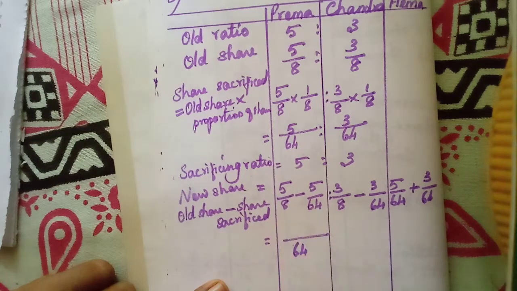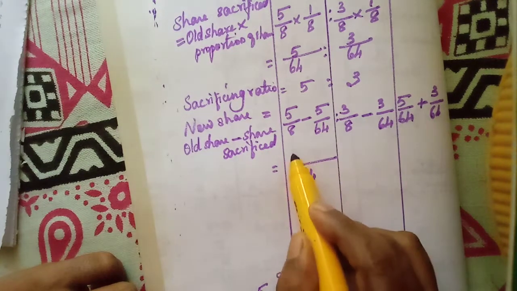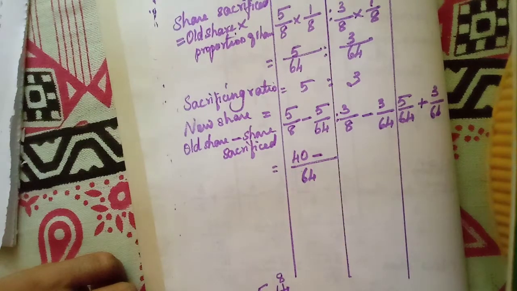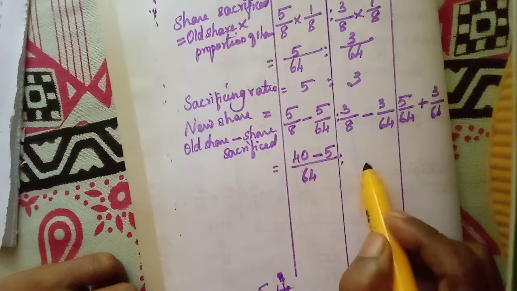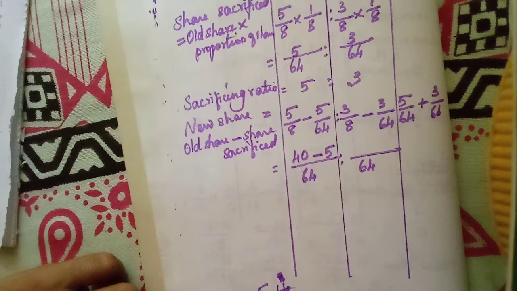Then we will calculate 5 by 8 into LCM. 8 8s are 64. 5 8s are 40. Minus sign. Then 5 by 64 into 64. So 5 is 2. LCM 64.